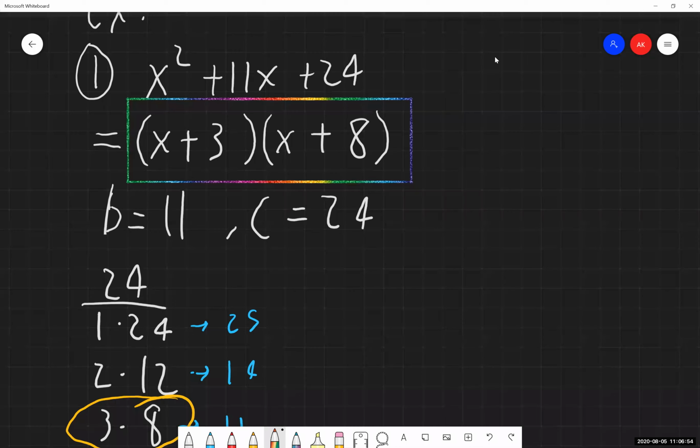I think it's very helpful to go through and actually label this 11 as my B value, this 24 as my C value, because we absolutely need both of those. We need to correctly identify both of those to go through and factor these types of problems.